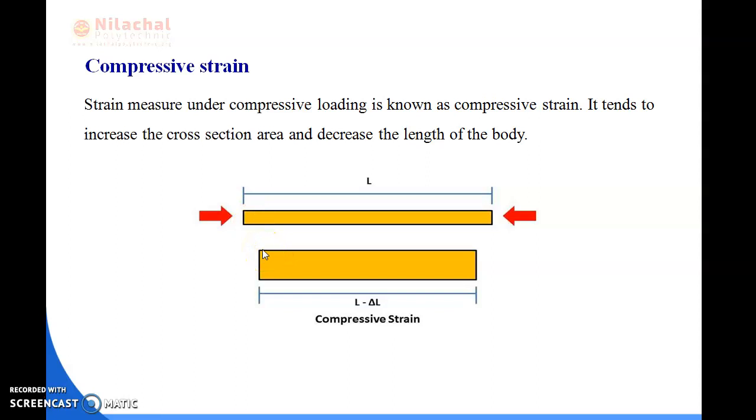So due to the compressive force, the body gives a strain known as compressive strain. By its definition, strain measured under compressive loading is known as compressive strain, and it tends to increase the cross-sectional area and decrease the length of the body.